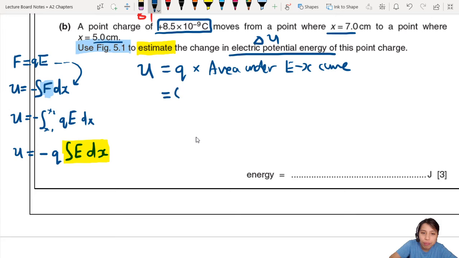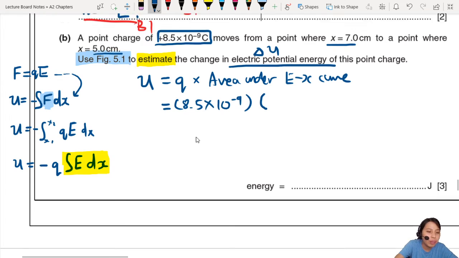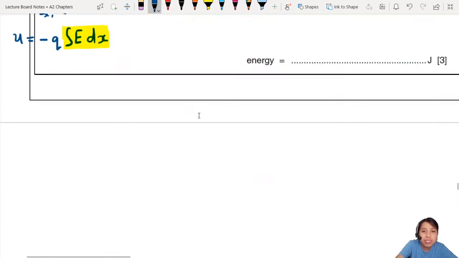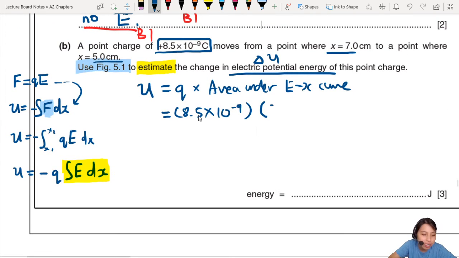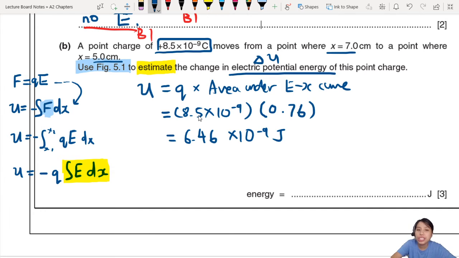So this will be 8.5 times 10 to the -9. Area under the curve, my estimation is 0.76. Estimation means there is a range of answers. If I multiply that, I should get a value of about 6.46 times 10 to the -9 joules. Very small change in energy.